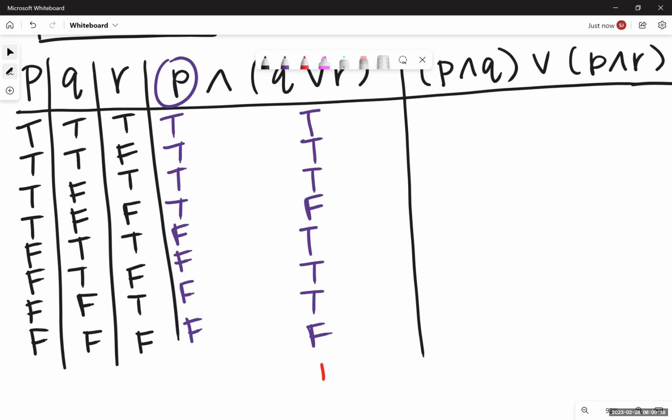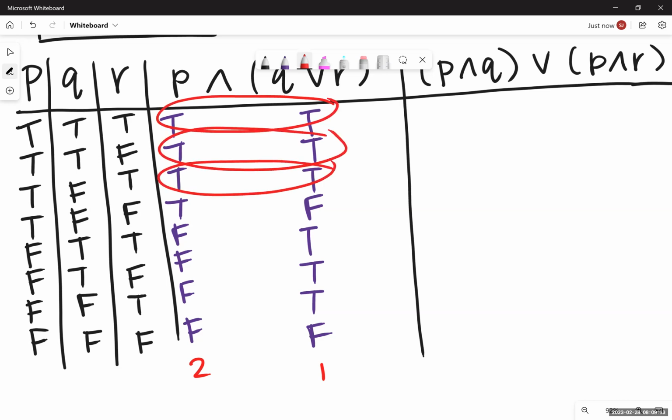So now that I've copied P and I've also answered that or connective in the parentheses, what I can do is now the and connective between these two, and then these two, and then these two, and so on and so forth, working my way down. Once I do that, that's my final answer column for this first statement.